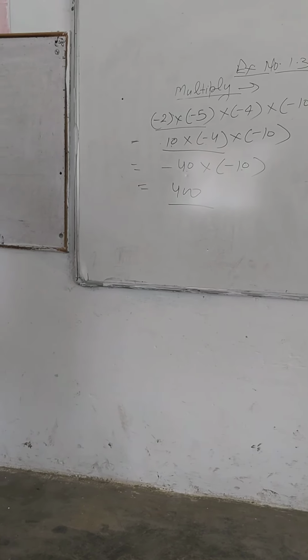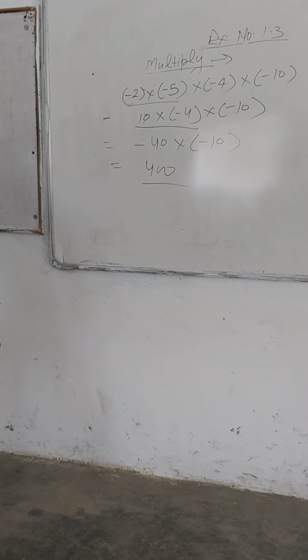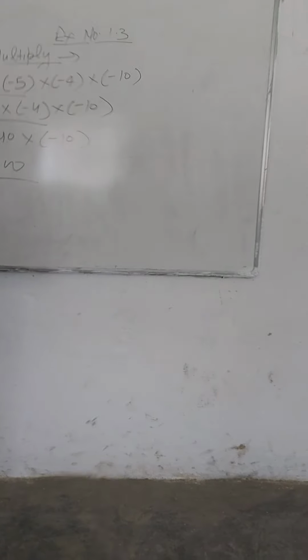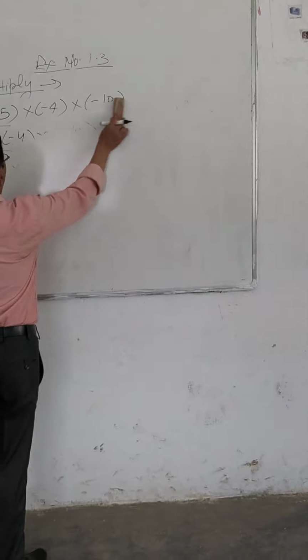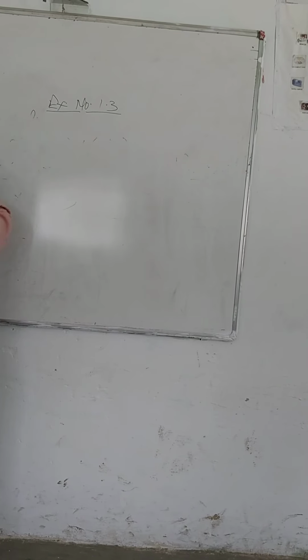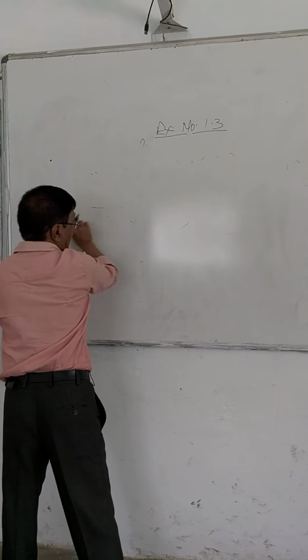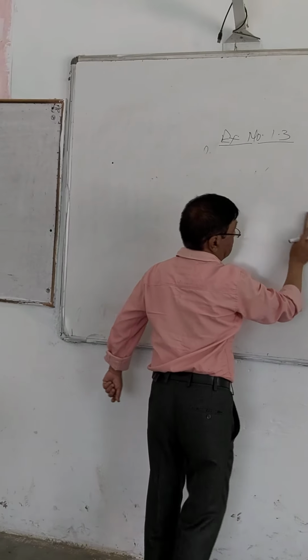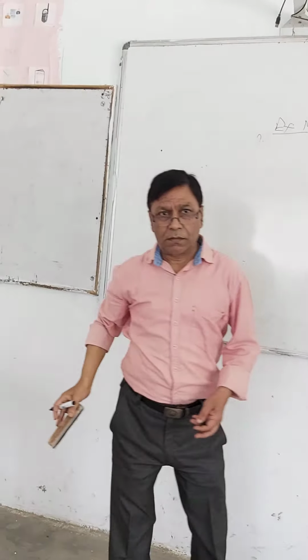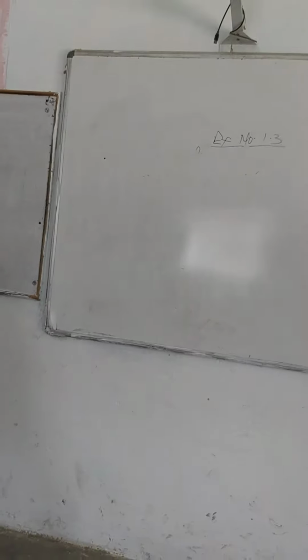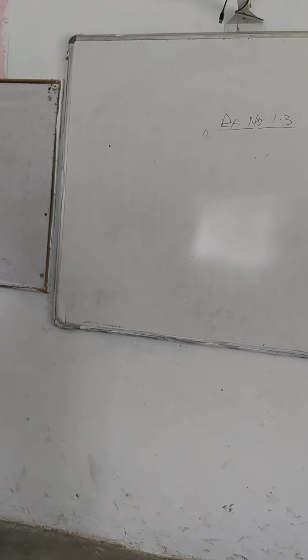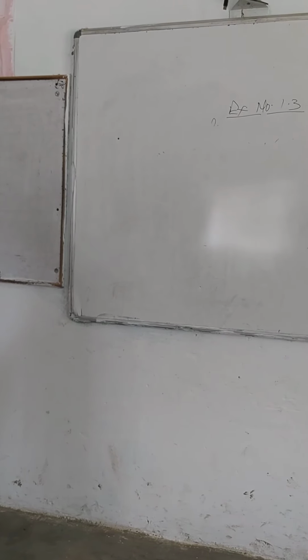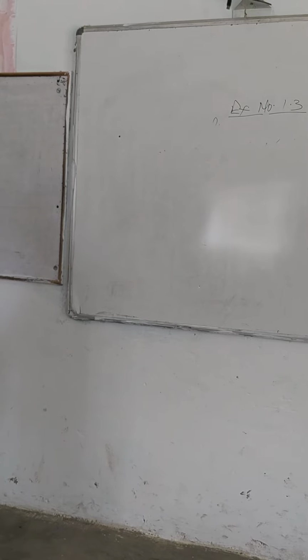So that's now simplify. Next question, question number 3. Simplify using several properties of multiplication.